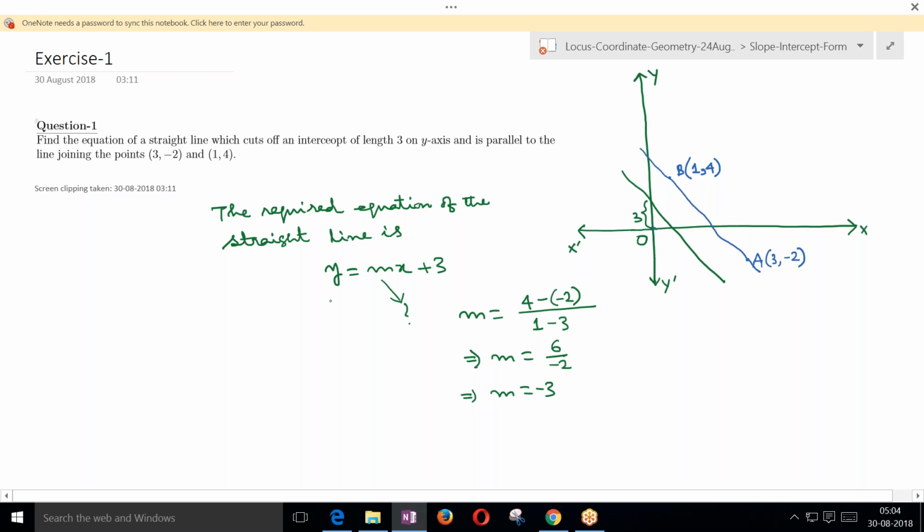Now if we apply the value of m equal to minus 3, we get the equation y is equal to minus 3x plus 3. Just a minute, there is a small technical issue.